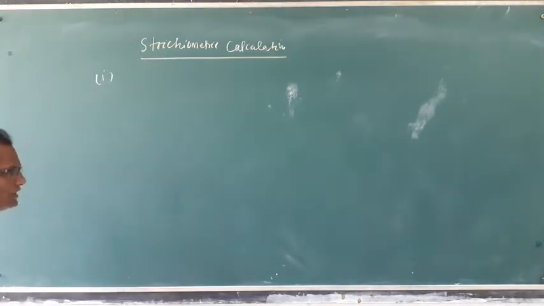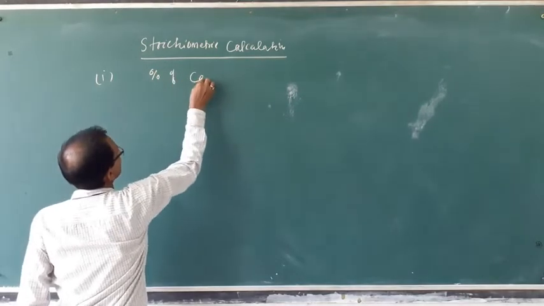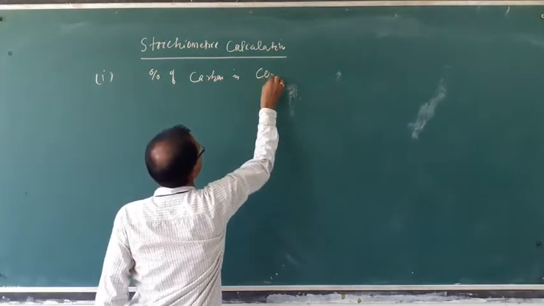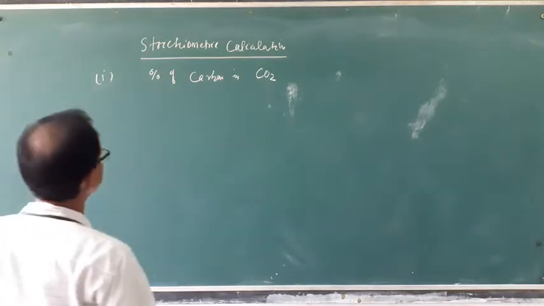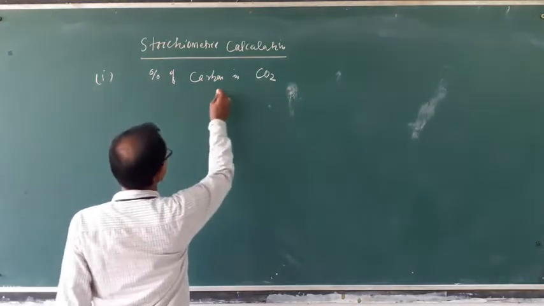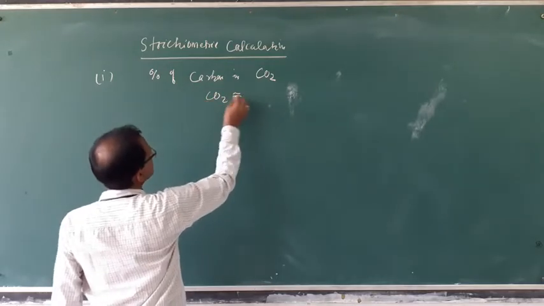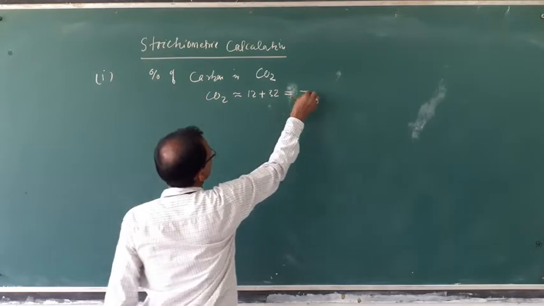For example, we will calculate the percentage of carbon in carbon dioxide. If you take carbon dioxide, its molar mass is 12 plus 32, that is 44.